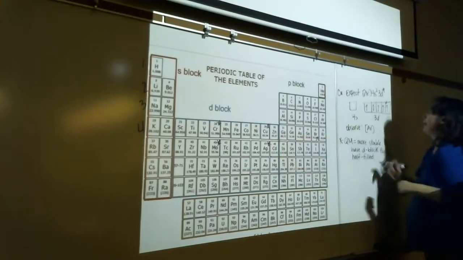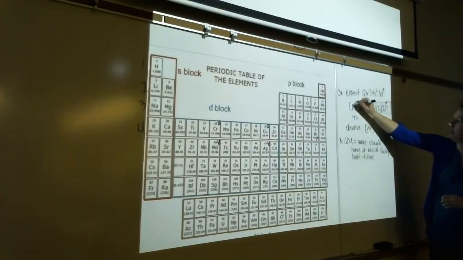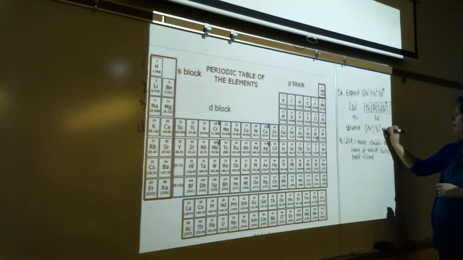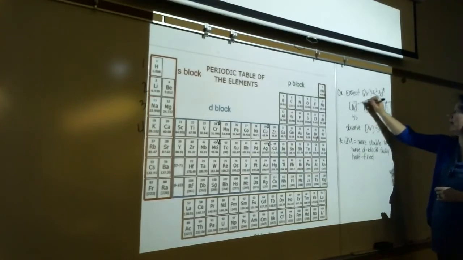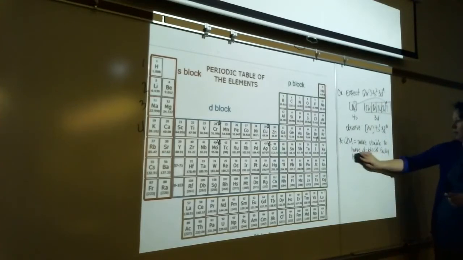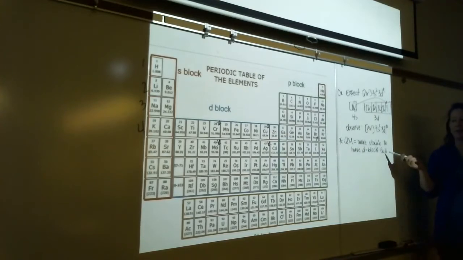That's what you'd expect. What do we observe? 4s1, 3d10. Again, that 1 electron gets stolen. And the reason is because quantum mechanically it's more stable to have the d block full.